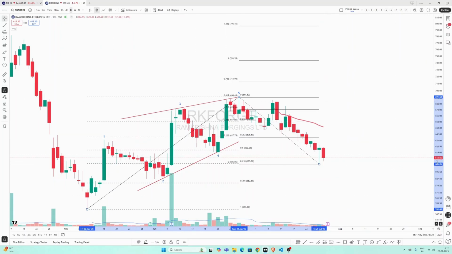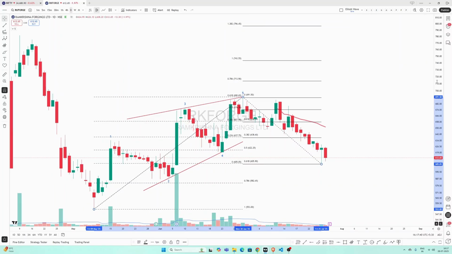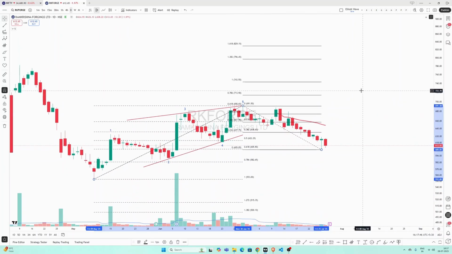Right now it's trading around 612, and the target in this case would be 743.55. Typically when wave 1 is a leading diagonal, wave 3 tends to be larger than equality, and more often than not 1.6 times. So that is also a potential level.